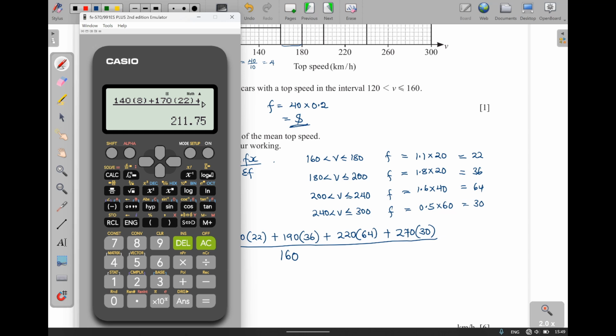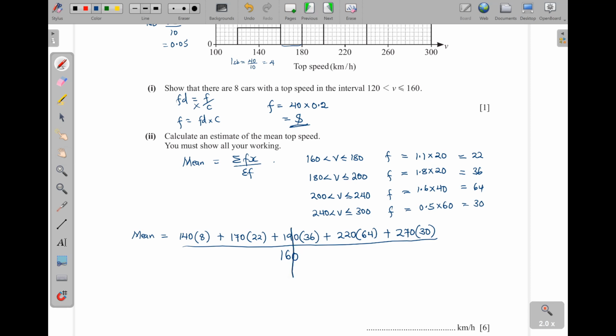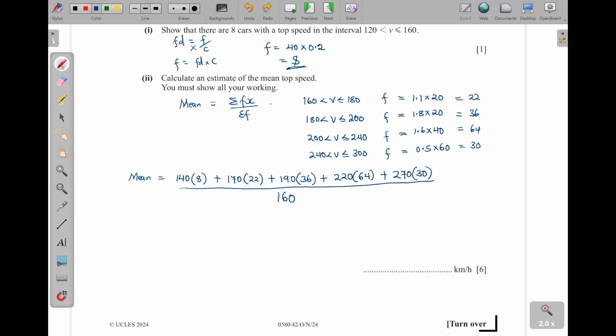So it will give us 211.75. This one is a terminating decimal, so don't round off your answer to 3 significant figures. Just leave it: 211.75. So that is that.